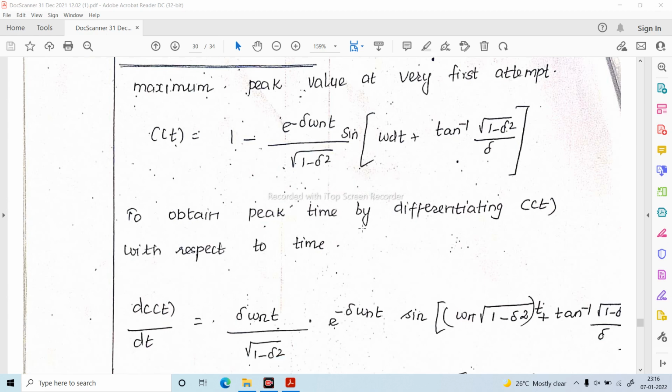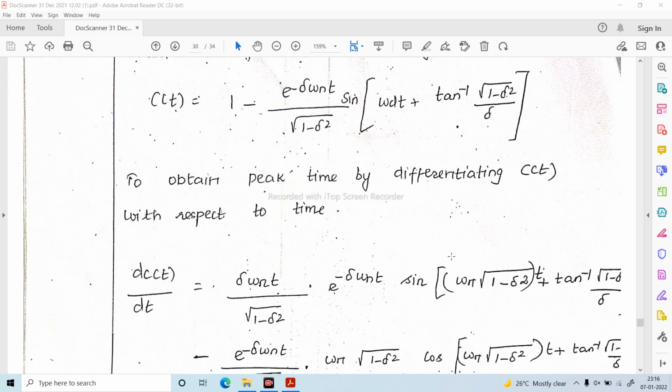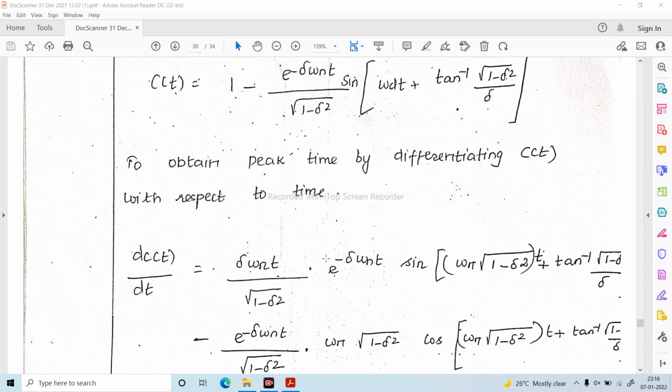To obtain the peak time, differentiate C of t with respect to time. So dC of t by dt: the differentiation of 1 is 0. Here I have to apply the uv formula: the differentiation of uv is u dv plus v du.